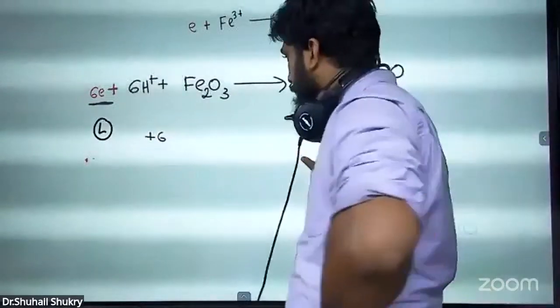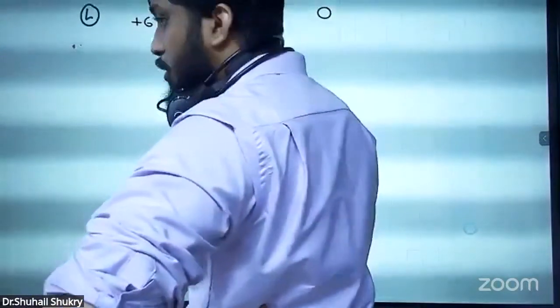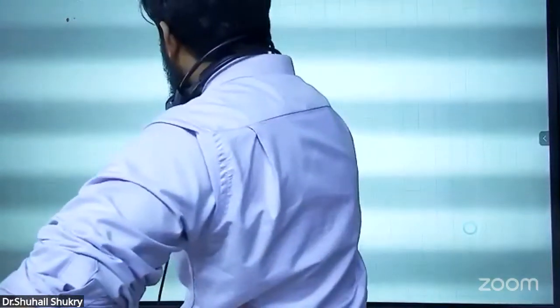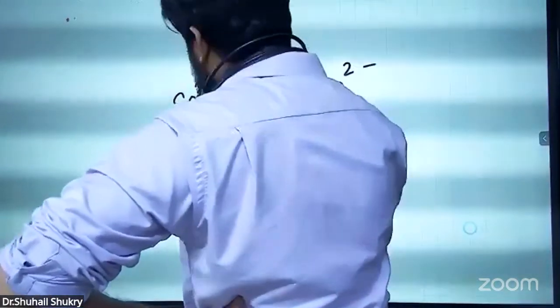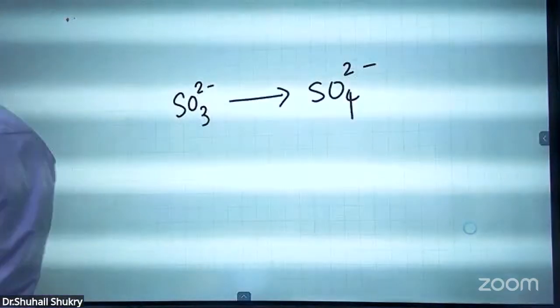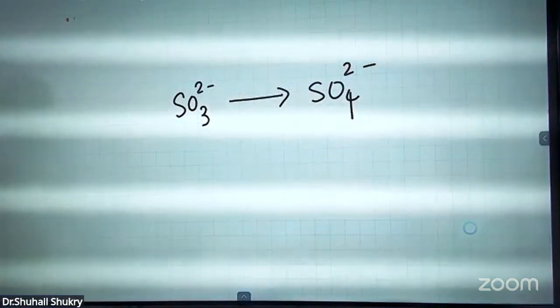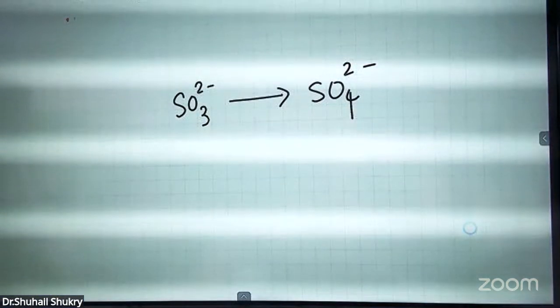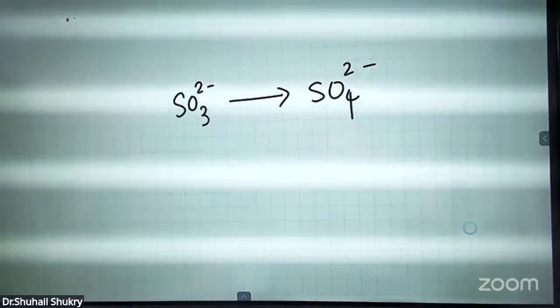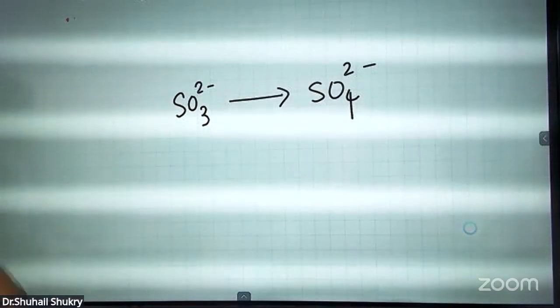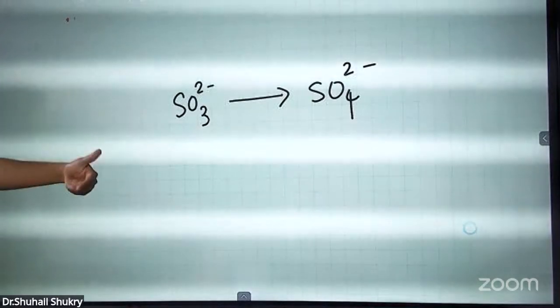All right, good. Now we'll think like this. SO3 2- becoming SO4 2-. You don't know anything about oxidation or reduction here. We'll balance it. Where is more oxygen? Right side. Where is less oxygen?